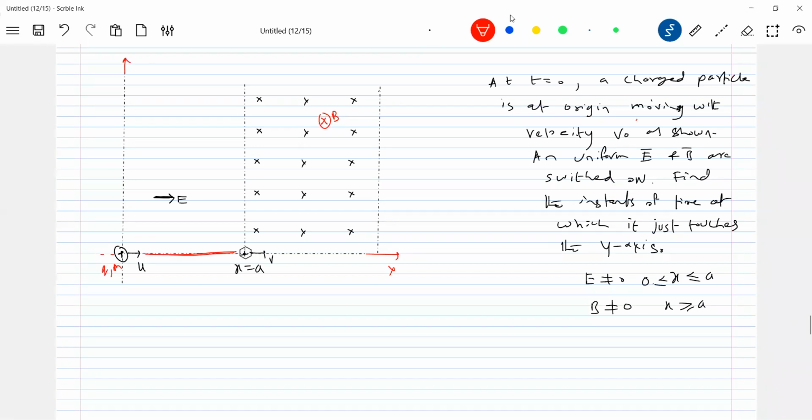Then after this, there's a positive charged particle. Better let me write here.